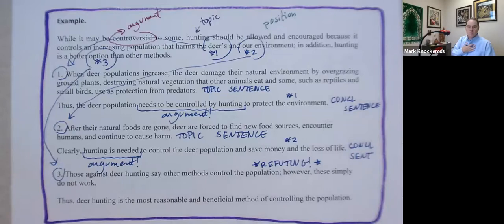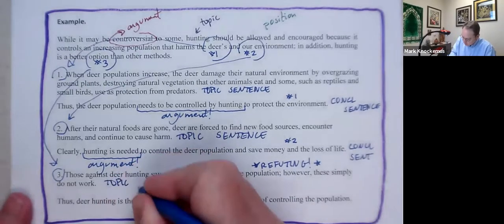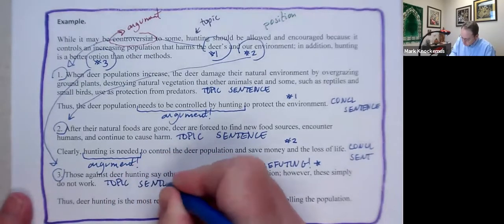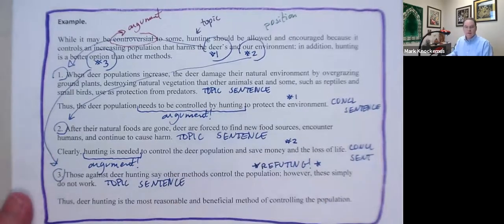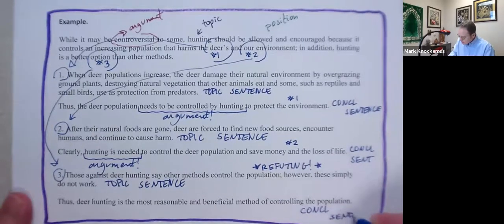These simply do not work. So in other words, are there other ways to control the deer population besides hunting? Sure, but they don't work. So then, right, so that's my topic sentence, just as before. Then, what do I have here? Again, I have my concluding sentence.